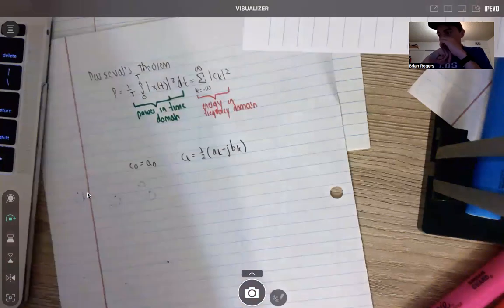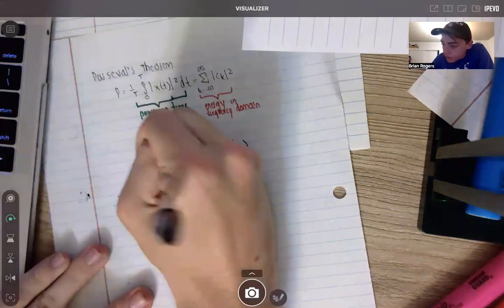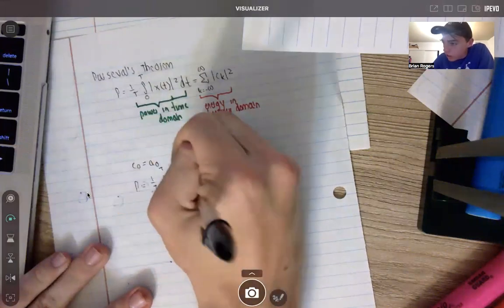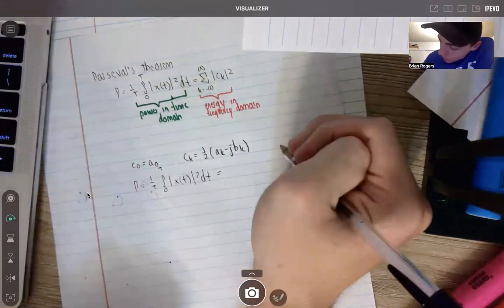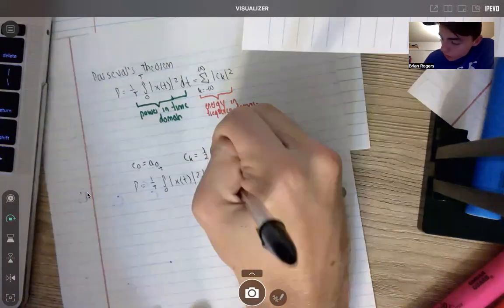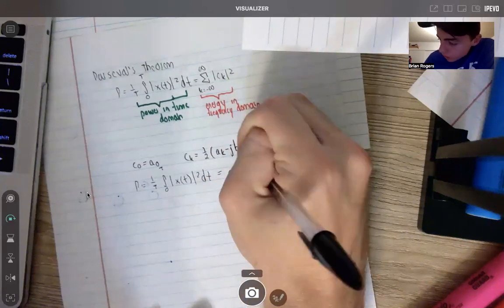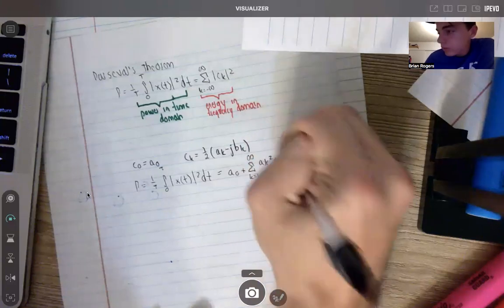When we're looking at Parseval's theorem, specifically the power equals 1/T, integral from 0 to T, of x of t squared dt, it's going to be equal to a_0 squared plus the summation from k equals 1 to infinity of (a_k squared plus b_k squared) all over 2.